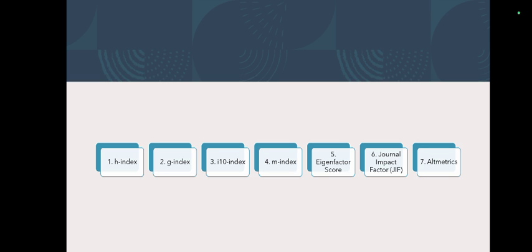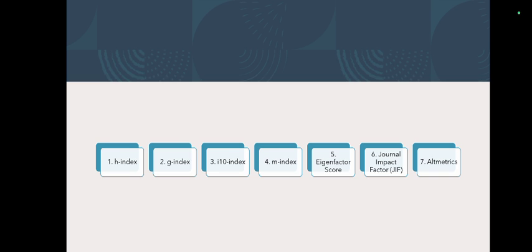Suppose he has 10 papers, and each one has got one citation, then his H index becomes 10 for him.